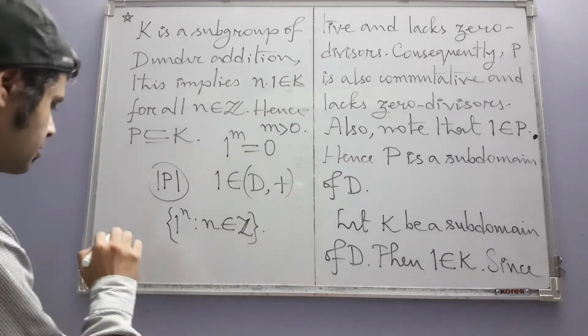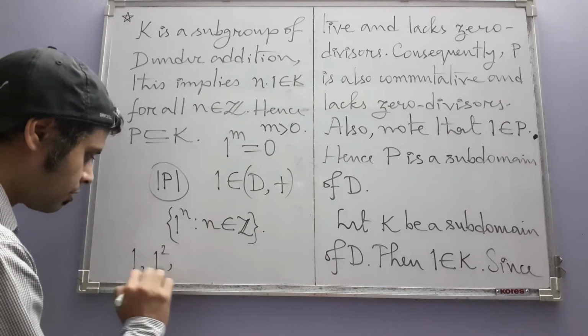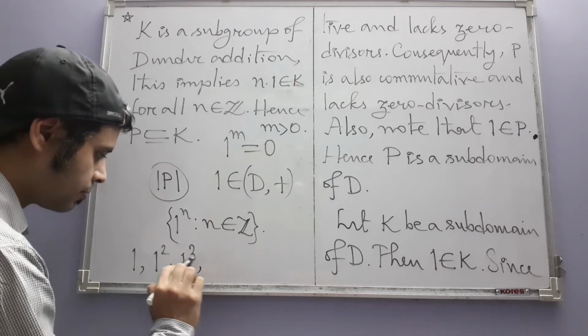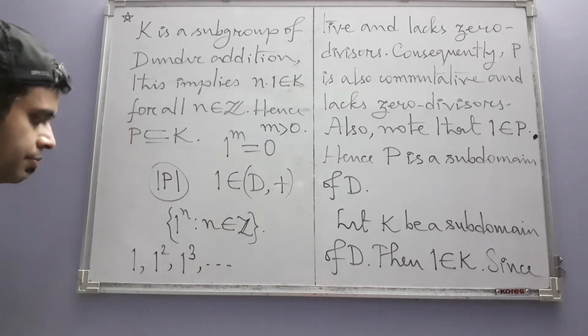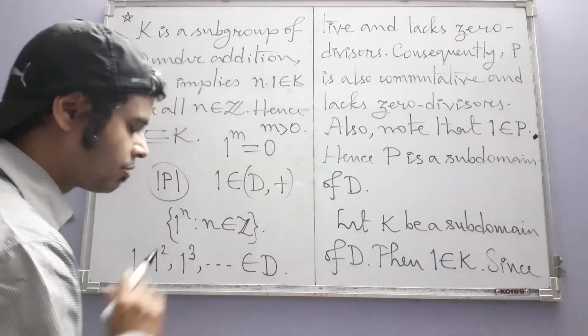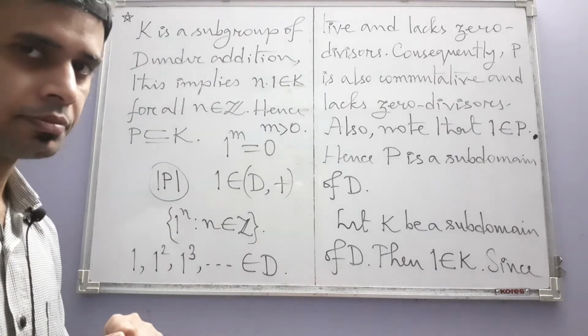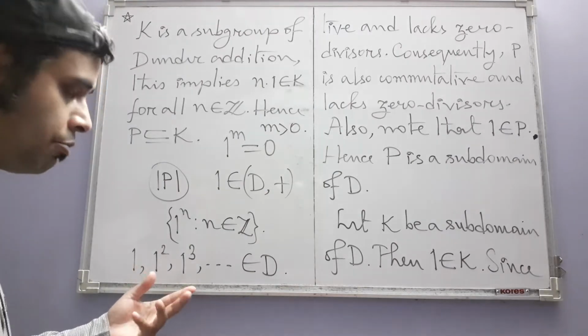In other words, once you start considering all the powers of 1, all of them will belong to D, no doubt about that, but they are all distinct. And why is that so?